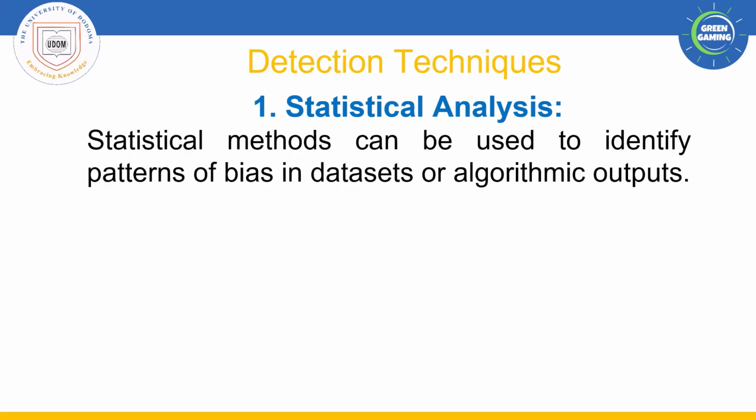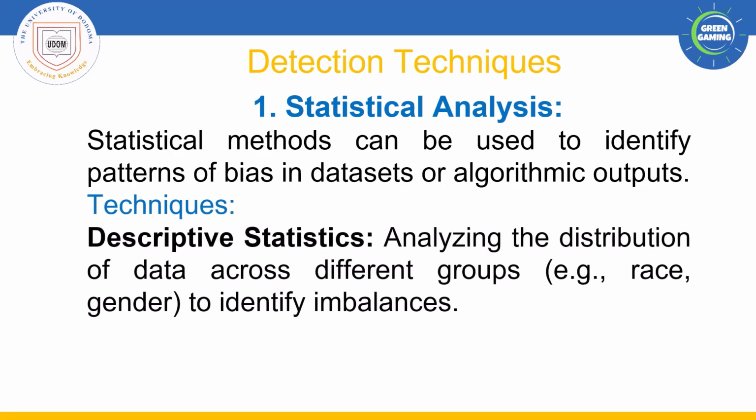By using statistical methods like descriptive statistics, we can assess data distribution across various groups to spot imbalance. Statistical methods can be used to identify patterns of bias in datasets or algorithm output. Techniques involve descriptive statistics, whereby we analyze the distribution of data across different groups.